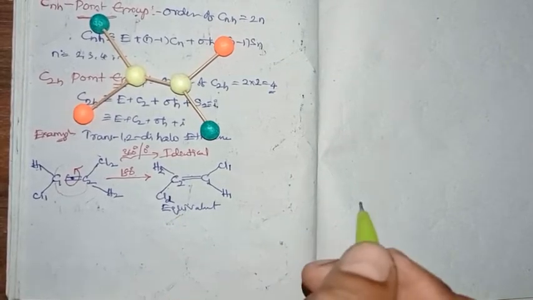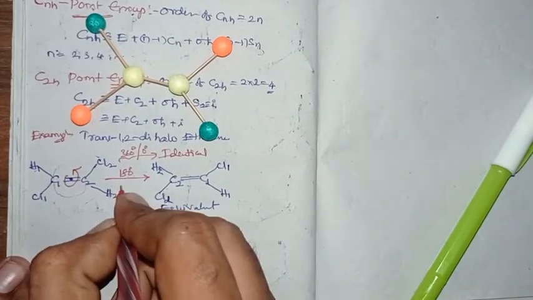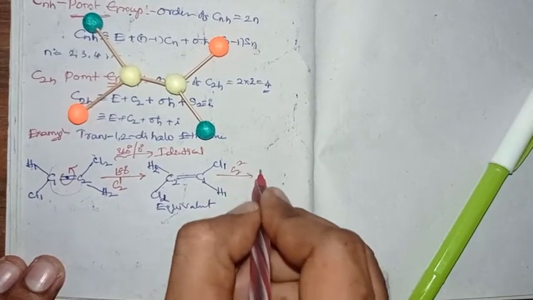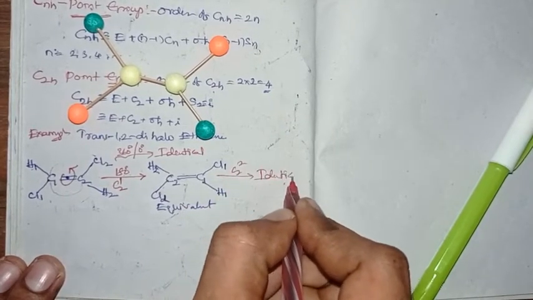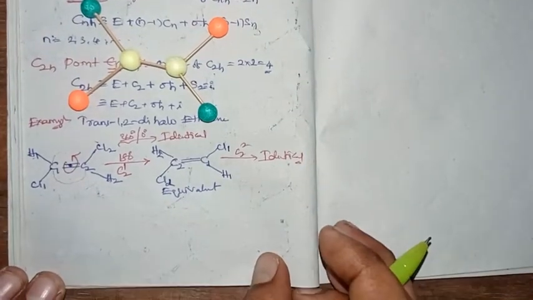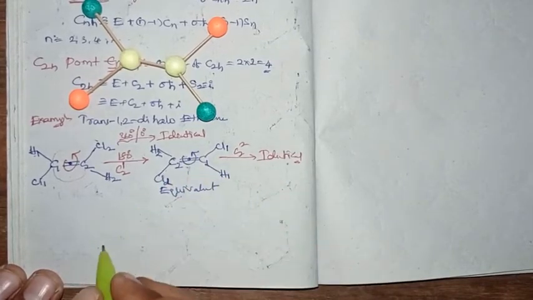The resulting configuration is equivalent and the rotation is a second fold rotation. One time gives an equivalent configuration; if we do it a second time, it gives an identical configuration.